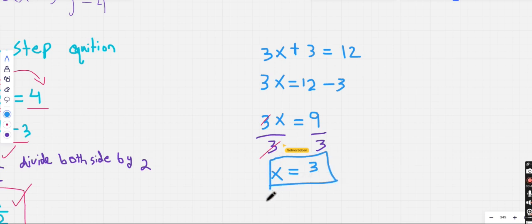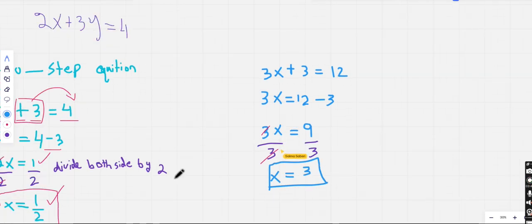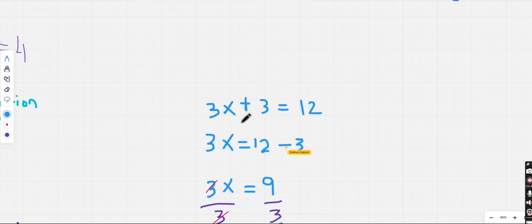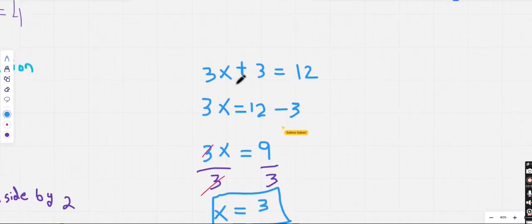Got it? Again, check how we simplify this question. First of all, we identify the constant term on the left hand side. On the left hand side we have positive 3. Positive 3, good.